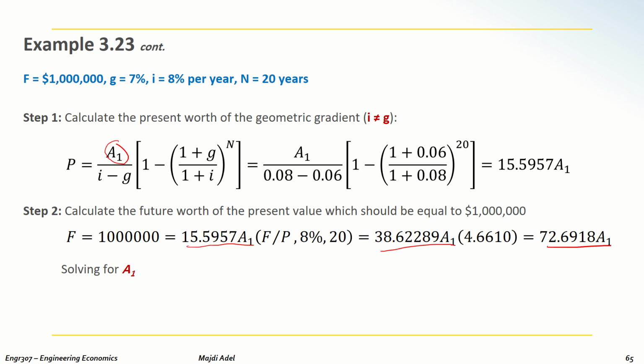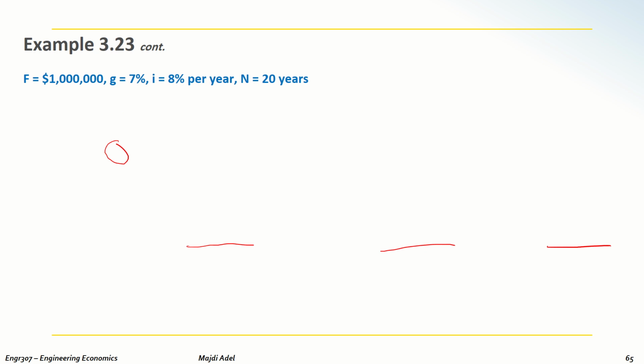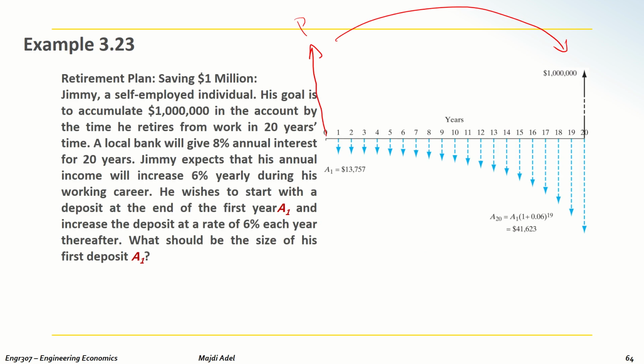So Jimmy must deposit 13,757 today. He must put in his bank account 13,757 today and increase it by 6% each year, and he will have $1 million at the end of the 20th year.